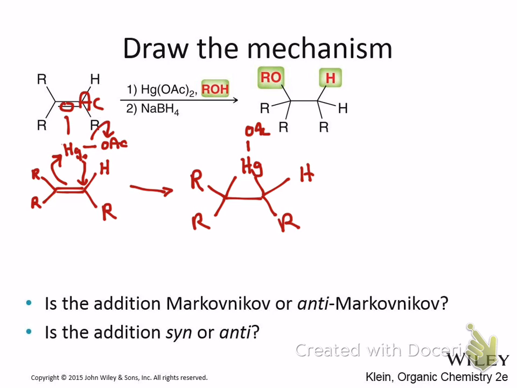So when the nucleophile comes in, and that's the alcohol in this case, it could choose 2 paths. It could go like this and attack the carbon on the left, or it could go like this and go to the carbon on the right. That's not the one that happens. And the reason is at this carbon here, because you have more alkyl substituents on this carbon, the transition state has a positive charge.